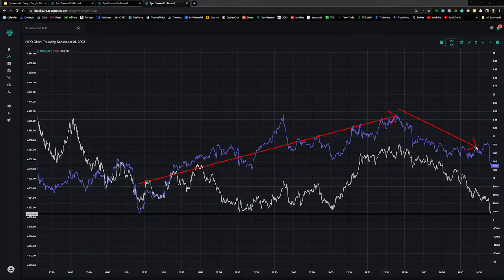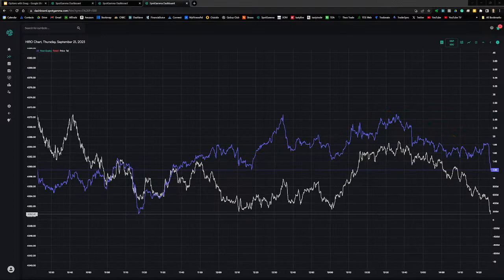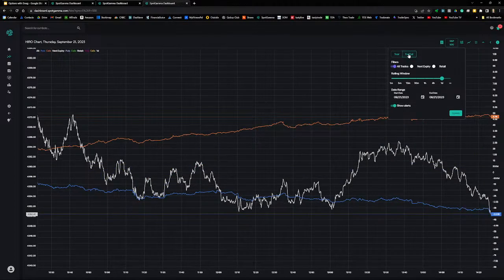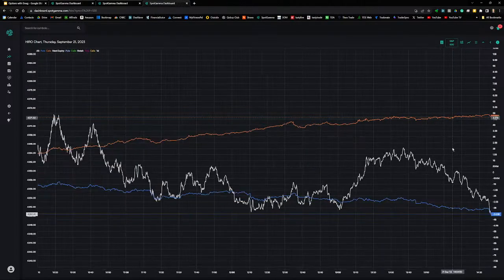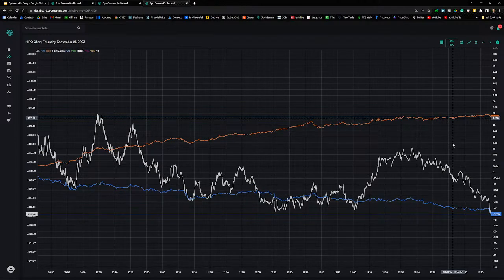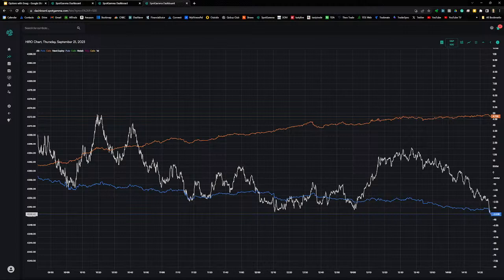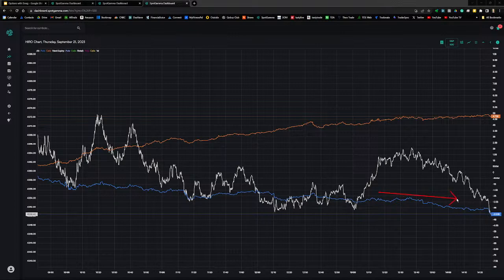Then they've started taking negative delta positions again. Let's just see what they're doing. So it looks like the call buyers have slowed down a little bit, and they continue to buy puts. Now prices moving lower. Let's take a look at Bookmap.